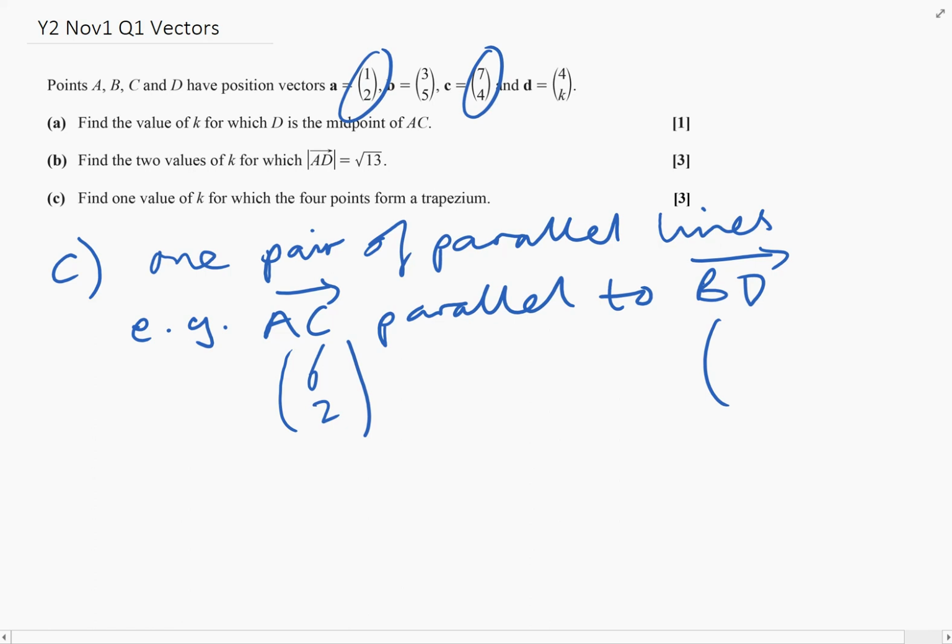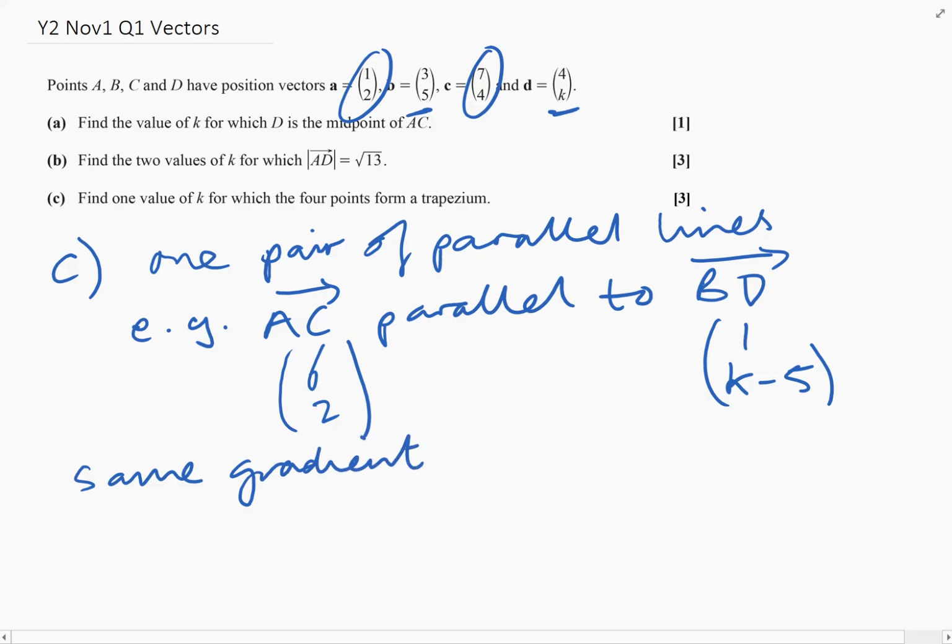The vector B to D is going to be this minus this, so that's (1, k minus 5). And if these two lines are to be parallel, we need the same gradient.